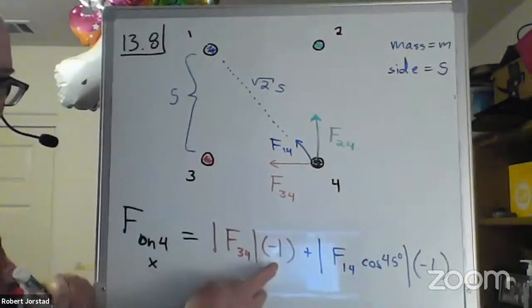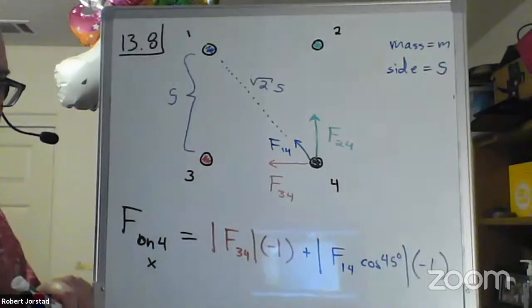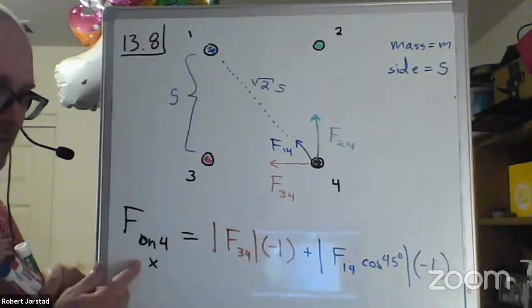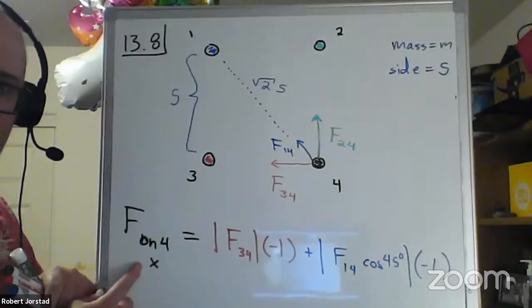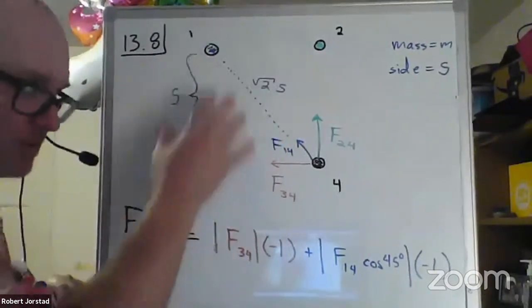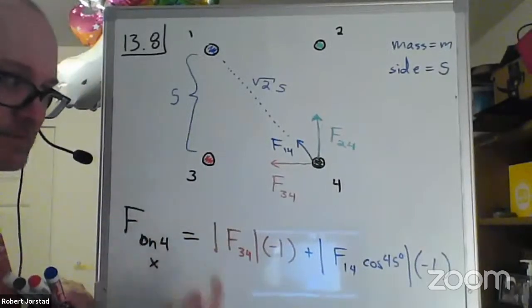Again, this is like the i hat and this is like negative i hat and negative i hat. So what you could do is first figure out the force on 4 in the x direction, then by symmetry, meaning a symmetrical problem, we know the equivalent force in the y direction should have the same size but be positive.